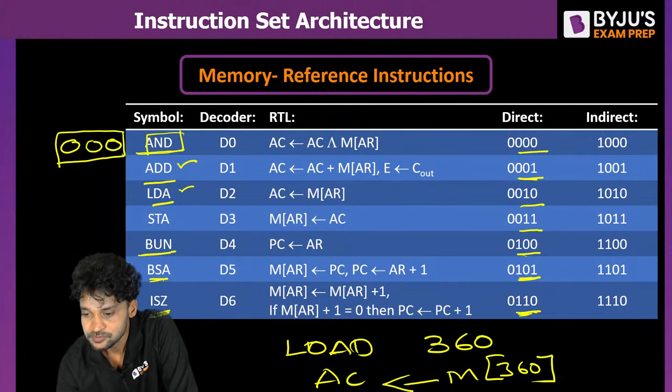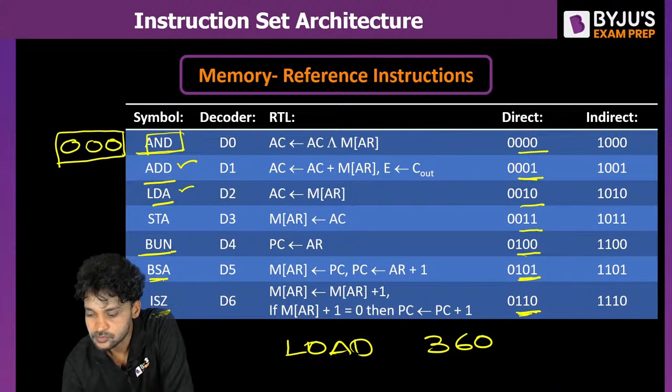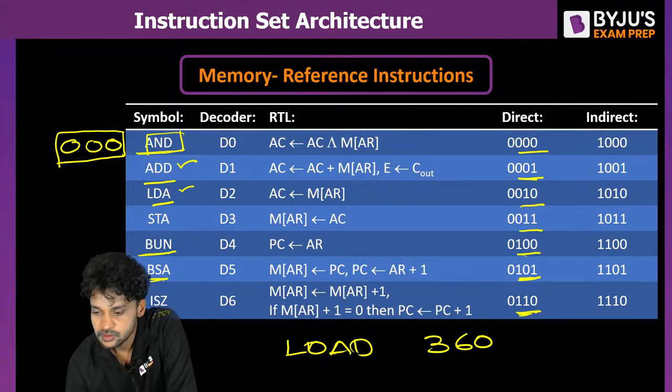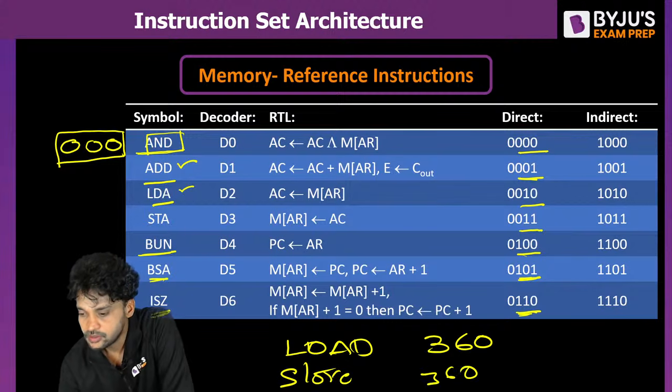So when you say store 360, the contents will get transferred from the accumulator to memory location 360.